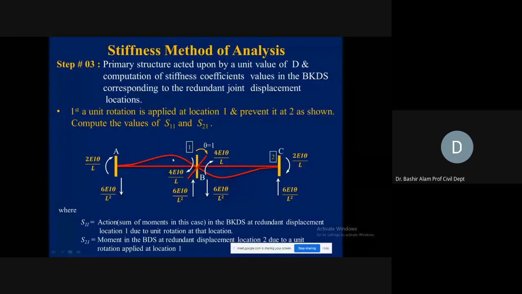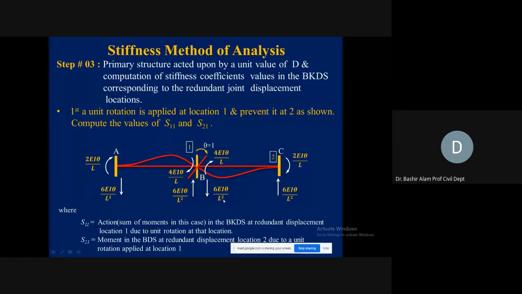It will be the summation of the unbalanced moments, which is 4 plus 2, so 6EI theta divided by L, divided by this span, which is L. So it will be equal to 6EI theta divided by L square. This is the balancing couple. Now the summation of vertical forces will be equal to 0. This was a clockwise moment generated because of this unit rotation, and it is balanced by this couple, 6EI theta divided by L square.